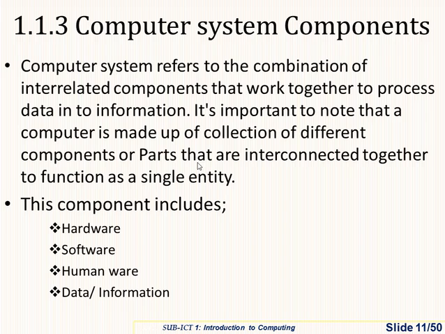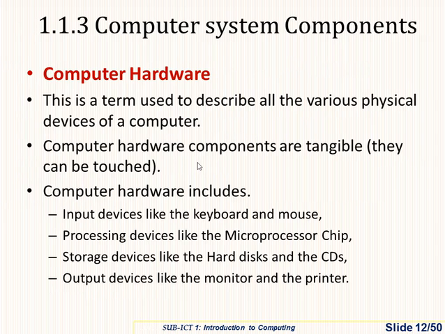In case one is missing, the other 3 cannot work to achieve the goal of processing data into information. So from today onwards, you should know that even you, the user, are a very important part of the computer, because without you, the computer may not be able to work, because you are the one who provides the command. So let's look at each one by one.